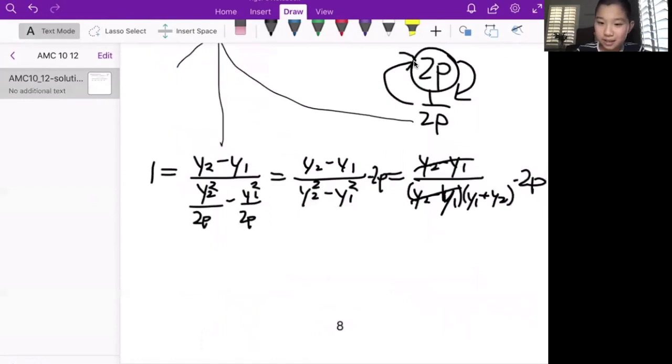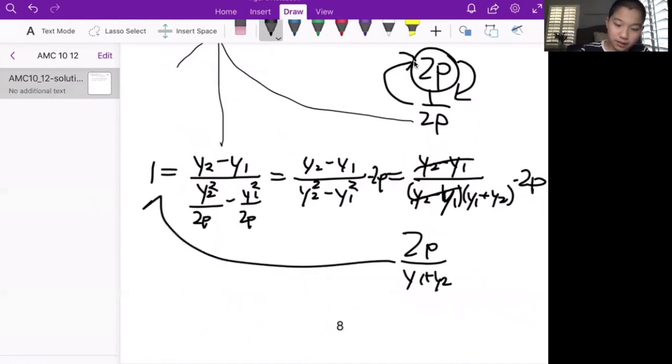So we get 2p over y1 plus y2, and that's equal to 1. So that means 2p equals y1 plus y2. We're going to use this equation later.